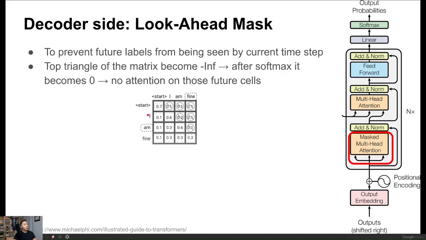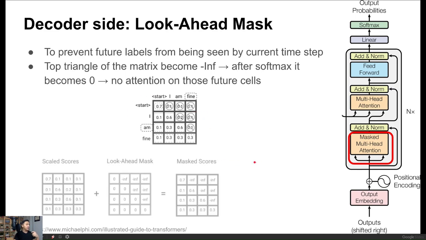By the time you hit the word I, you don't have access to am or fine. So you have to block these two out from view by masking them, right? By the time you get to am, you don't have access to fine. But by the time you get to fine, you get access to all the words before that. So the idea here is you do not peek into the future, because that would be cheating, right? So you have to mask this from your network.